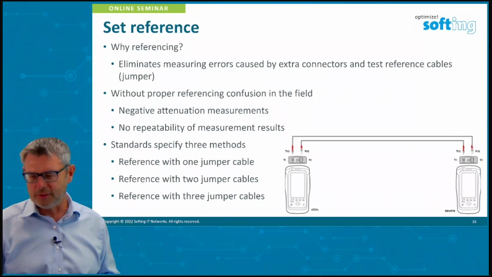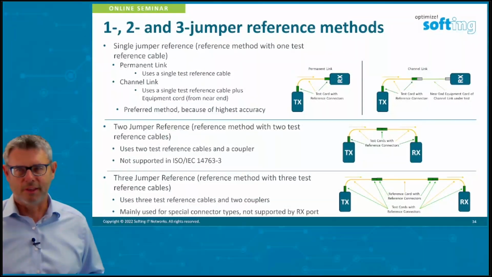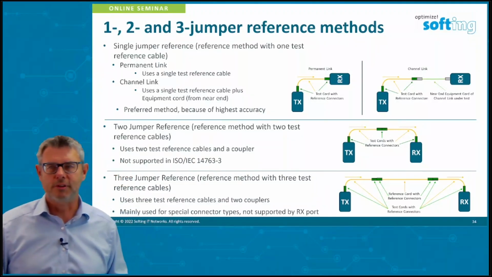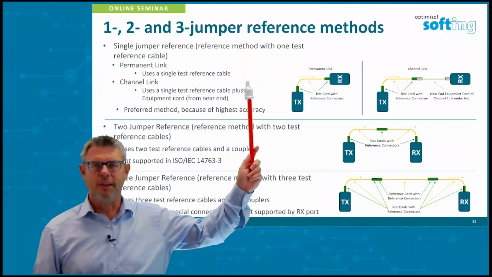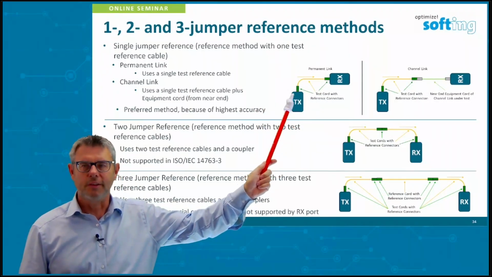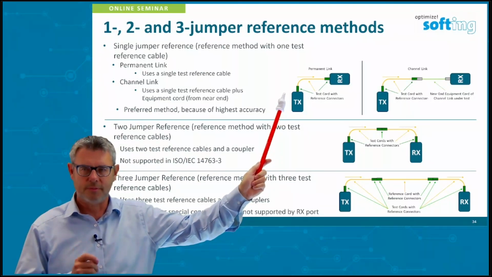If you look into detail on this, this is the picture behind it. This is the way it's done. Just a statement: always try to use a single jumper reference method to do the referencing, because this gives you the highest accuracy in the measurements.